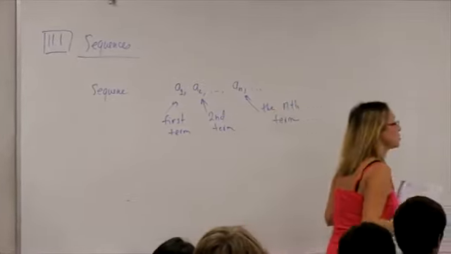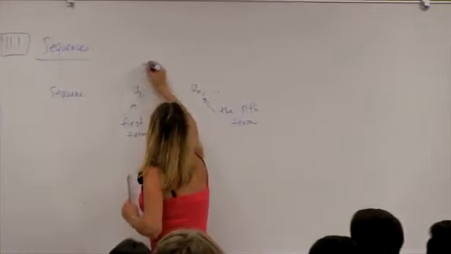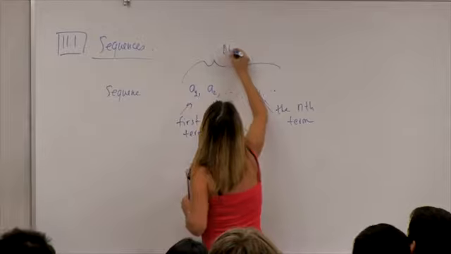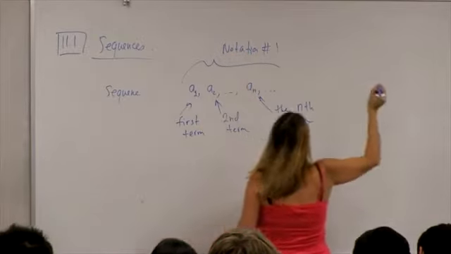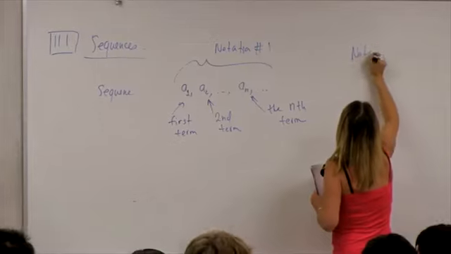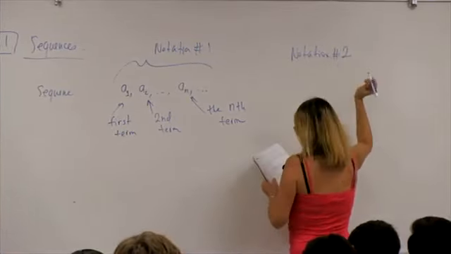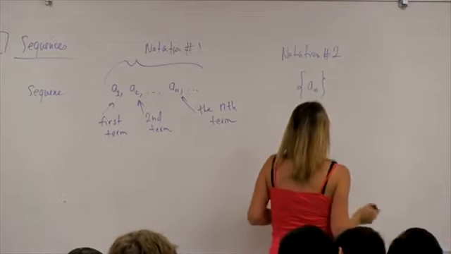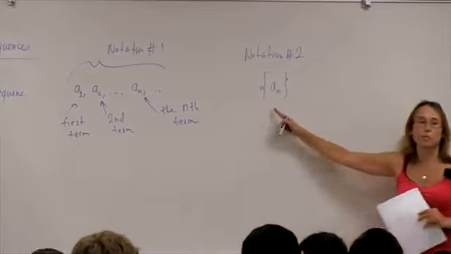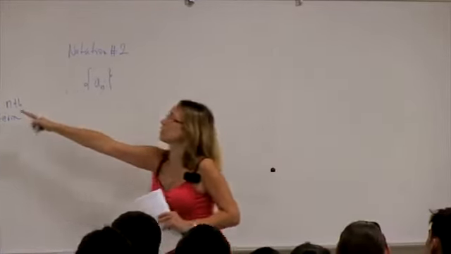There are three ways to denote a sequence. Okay, so this is notation number one. Notation number two is like this: {an}. So this means that we have a bunch of numbers, and they are called a1, a2, and so on, right?